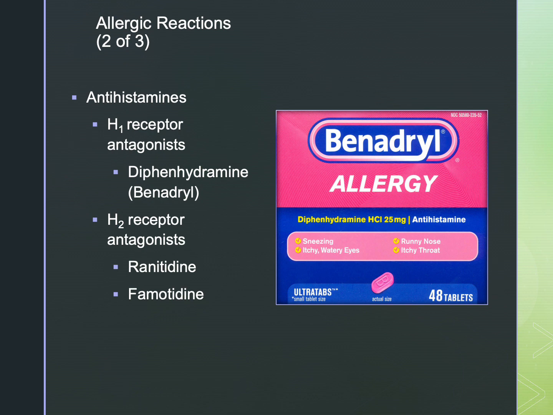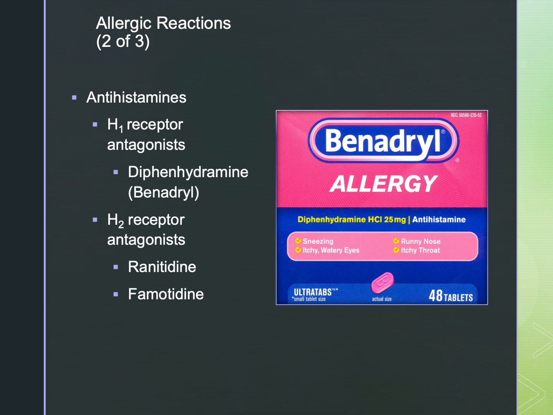H1 receptor antagonists are typically utilized to suppress the body's histamine-mediated effects in anaphylactic reactions. H2 antagonists are competitive antagonists at the parietal cell. Remember, those are the cells in the stomach that are responsible for making stomach acid. Parietal cell H2 receptors are typically used to suppress gastric acid secretion.